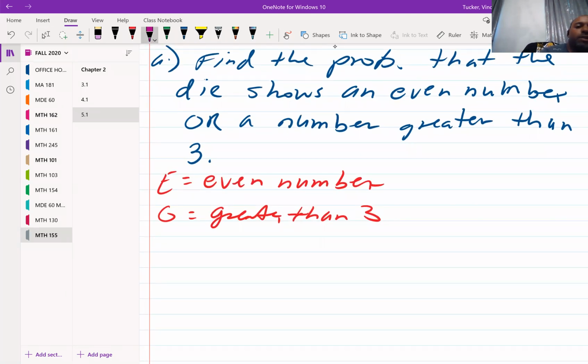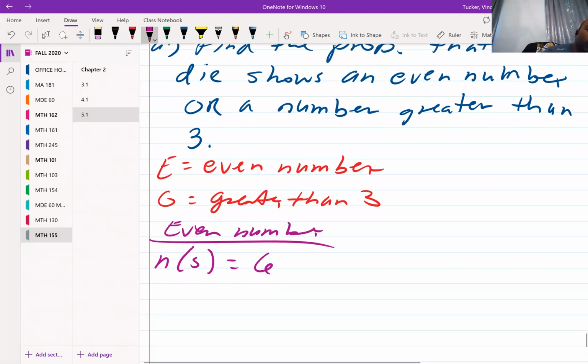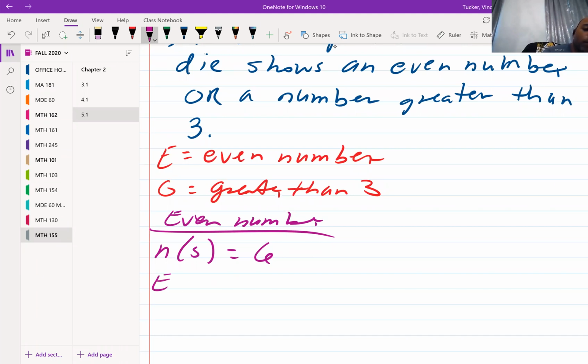So our sample space is 6. You have 6 faces to our die. Now when I look at even number, that's 2, 4, and 6.